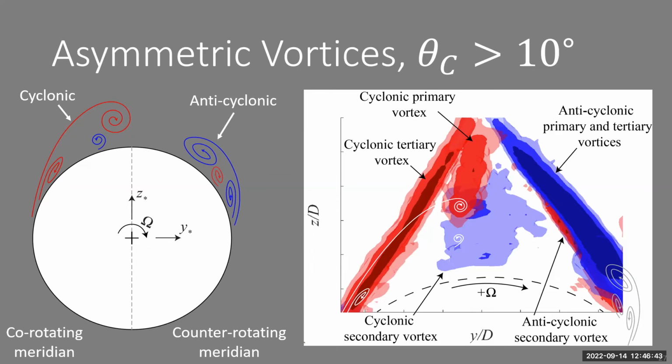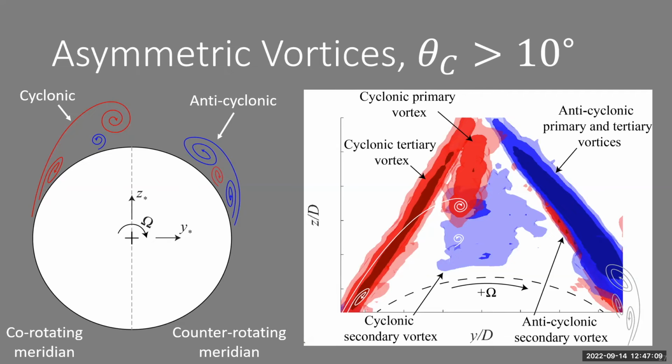Furthermore, the anticyclonic vortices, they stay really close to the surface. They continually grow in size until they collapse. This is another isosurface plot constructed in the same manner as before. It gives a nice visual representation of what this system looks like from behind the cone. We see this detached cyclonic primary vortex. We see this tertiary vortex that I don't really talk about too much in my work, but it sort of just goes along for the ride.